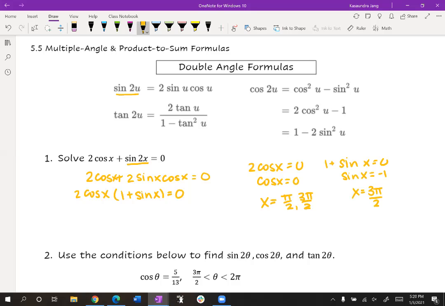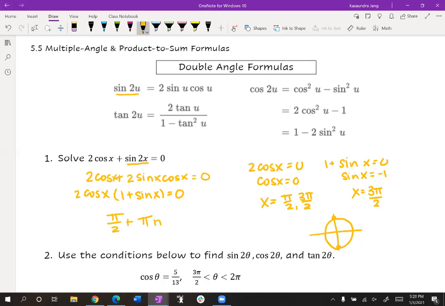So on my unit circle, if I put these points on my unit circle, pi halves and 3 pi halves, they are half a circle or pi away from each other. So I think I'm going to go with pi halves plus pi times n.